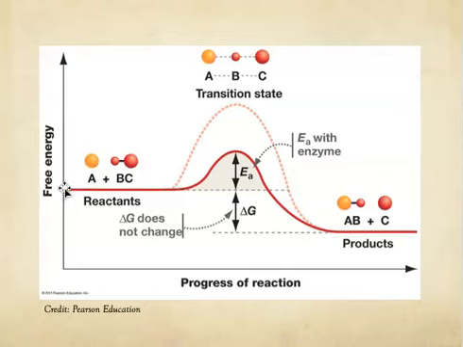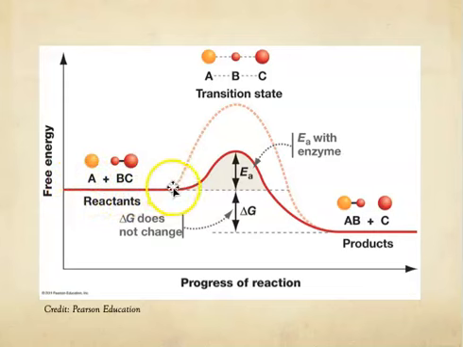Now, let's take a look at what happens when you add an enzyme into this reaction, because as I said a minute ago, most biological reactions require an enzyme. We're going to start off with the same reactant molecules, and we're going to end up with the same product molecules. But this time, as we follow the progress of the reaction, we're not going to travel up the dotted line.